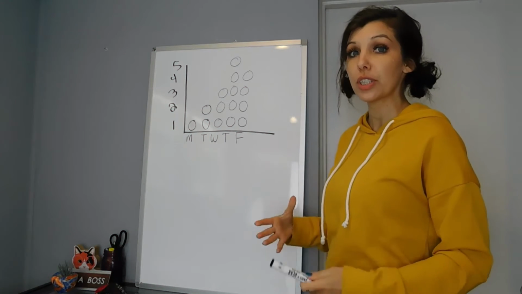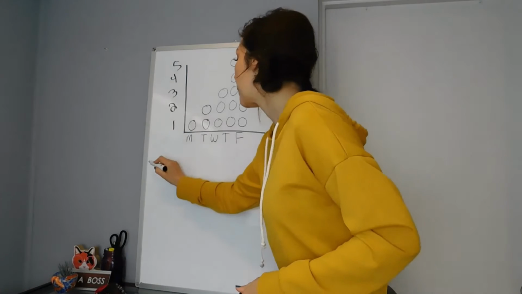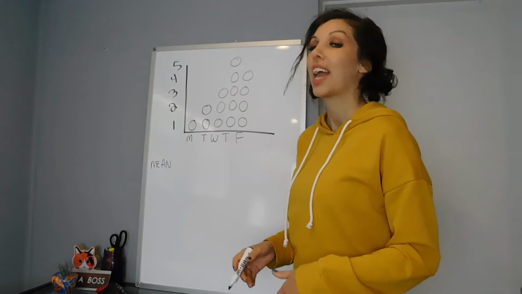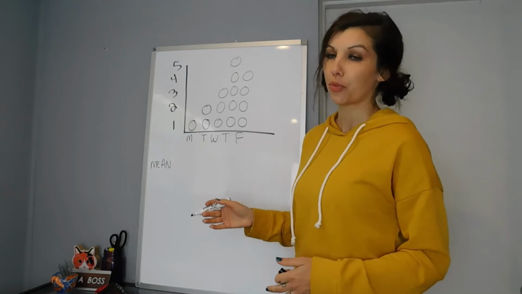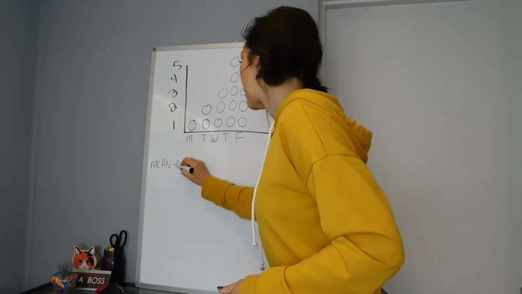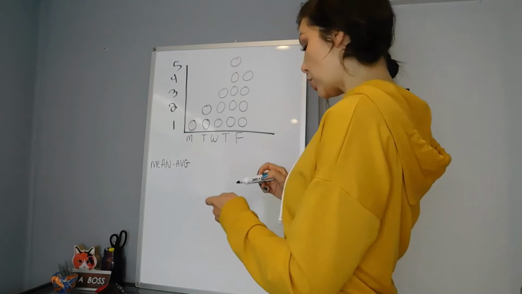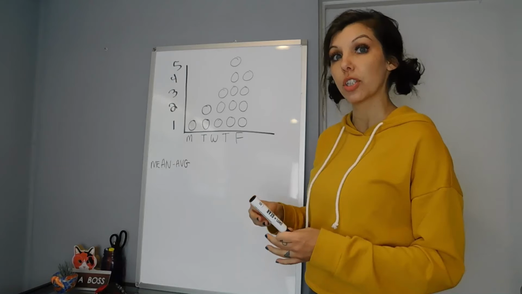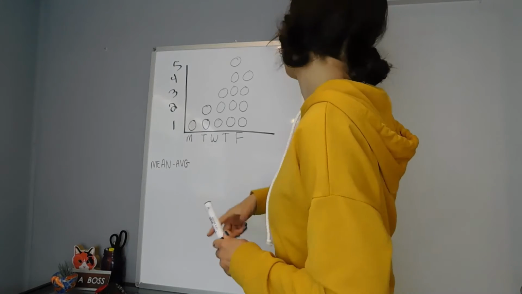So the first stat is mean. And mean is just another word for average. So if we were to count all the cookies and then average them, that would be our average.